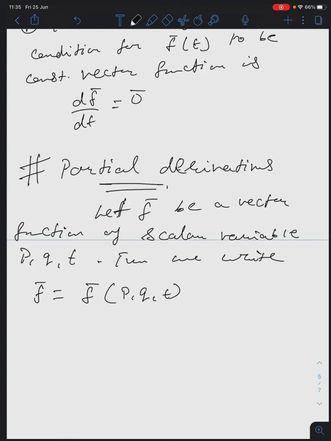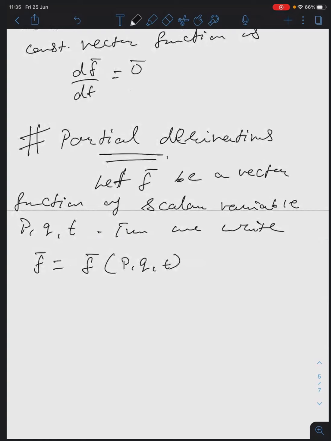Now suppose you want to differentiate this f bar with respect to T. You will treat T as a variable and P, Q as constants. So here I am defining the partial differentiation.